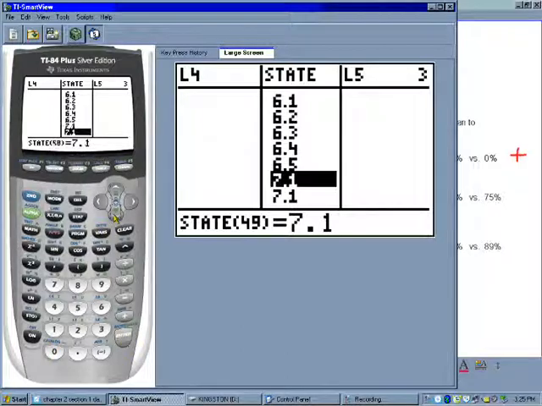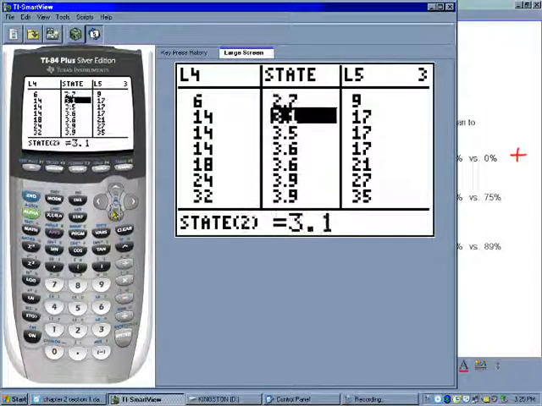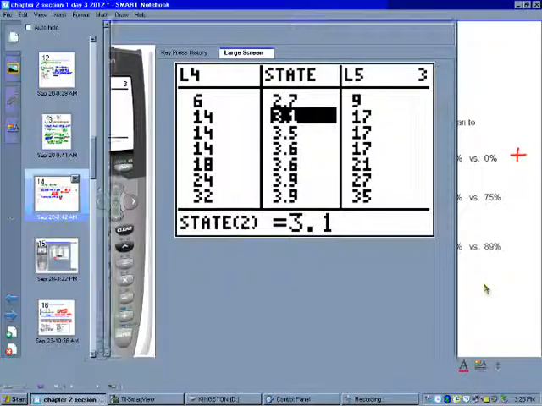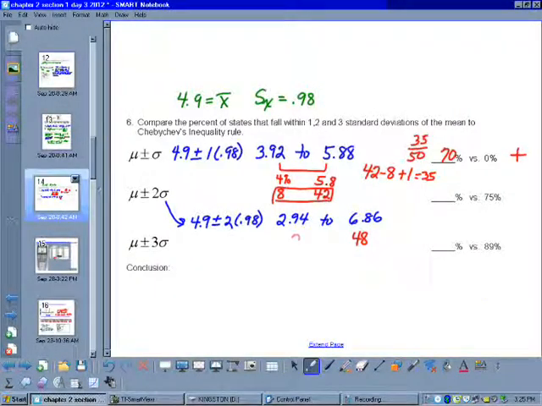Since I'm at the end of the data set, I'm just going to go around this way. 3.1 I believe will work because 3.1 is inside of 2.94. 2.7 isn't. So I'm using position 2. So I'm going from position 2 to position 48. And if we do 48 minus 2 plus 1, we do in fact get 47 out of 50 data points.